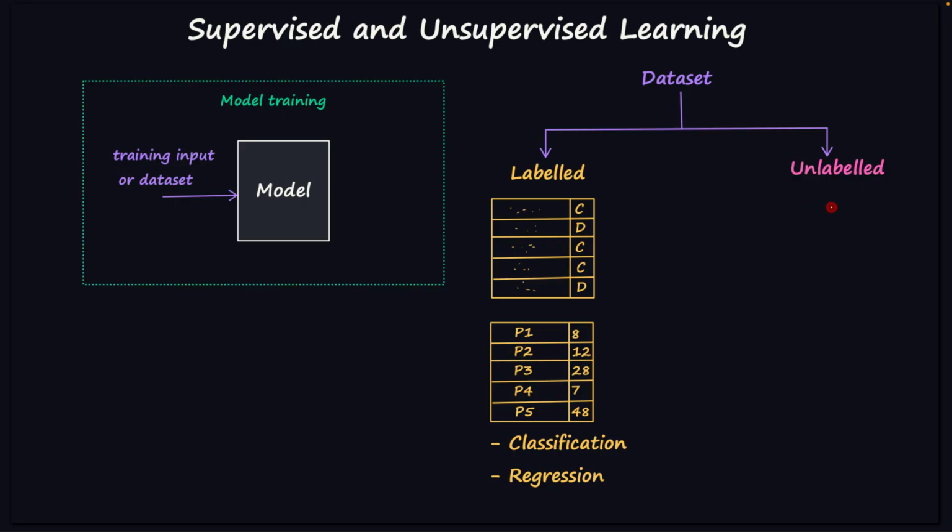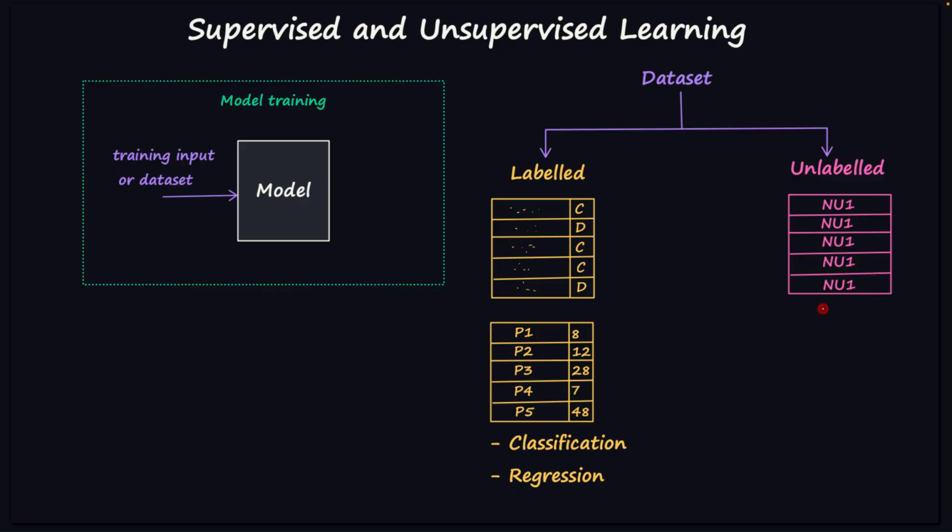On the other side, we have unlabeled data set. This includes data without expected outcome or known outcome. An example for this would be, say you have a bunch of Netflix user information, but you don't have anything like expected classes or labels or outcome or anything like that.